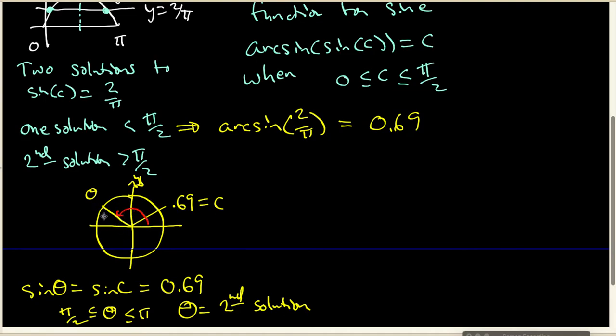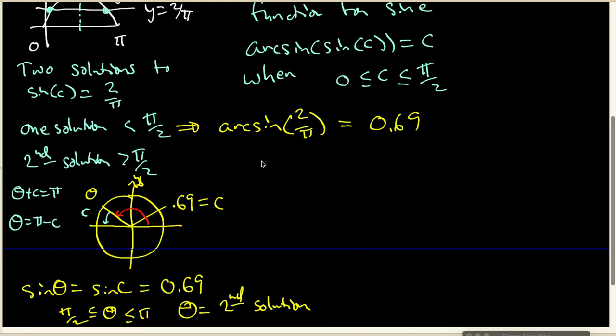But by symmetry, this angle that I'm going to be putting in this color teal, that angle is just another copy of C, because all I did was reflect that line across the y-axis. And so what I want to notice is that theta plus C is equal to pi. And since theta plus C is equal to pi, theta is equal to pi minus C.